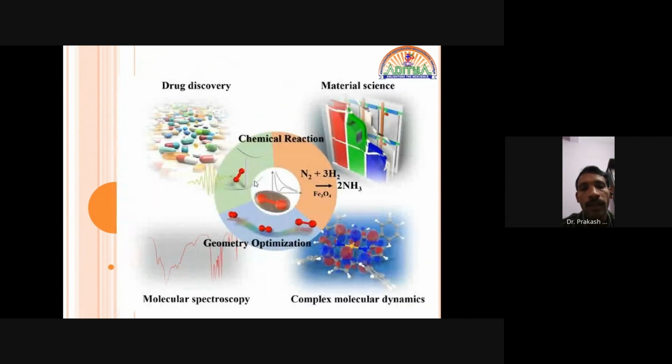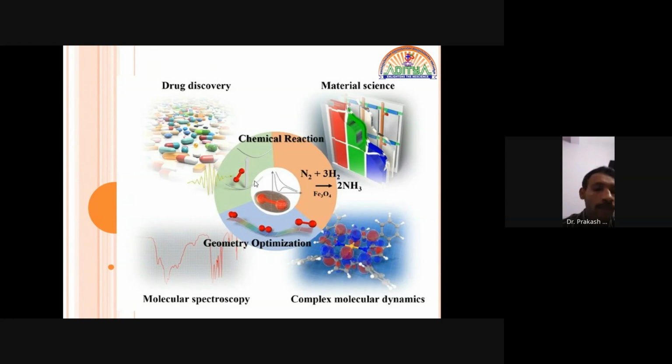Here, look at the picture: molecular spectroscopy, complex molecular dynamics, molecular material science, and drug discovery. Chemistry is concluded in the reaction step, in the field of drug discovery, material science, complex molecular chemistry, and spectroscopy.